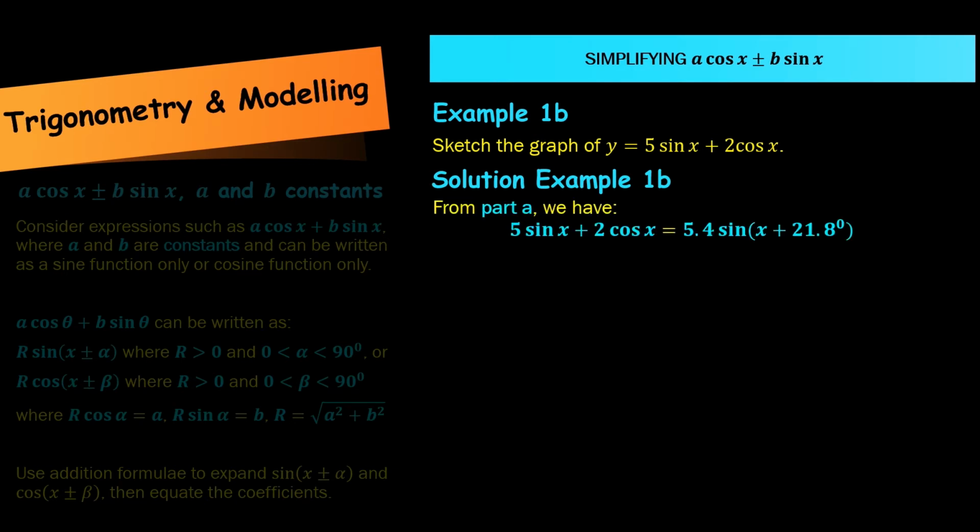Now from part A, we have that 5 sin x plus 2 cos x equals 5.4 times sin(x plus 21.8 degrees). And therefore, y equals 5.4 times sin(x plus 21.8 degrees).